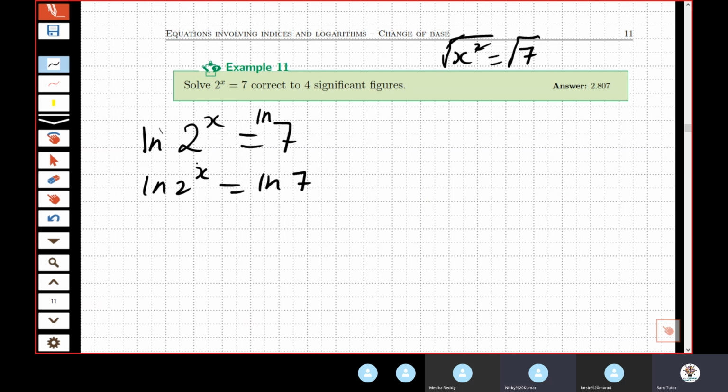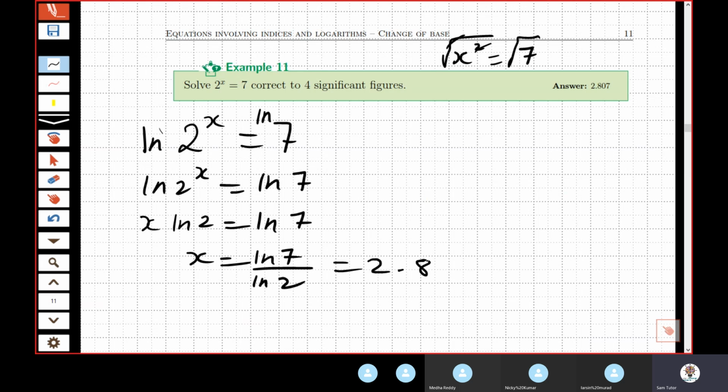Bring it down. Look, something that was really hard, look what we're about to do. We're bringing it down. And then this is just a number, log 2, so I'm just going to divide by it. Something that was really hard to solve is now really easy because you've learnt logs. Plug that into your calculator and you're done. 2.807.